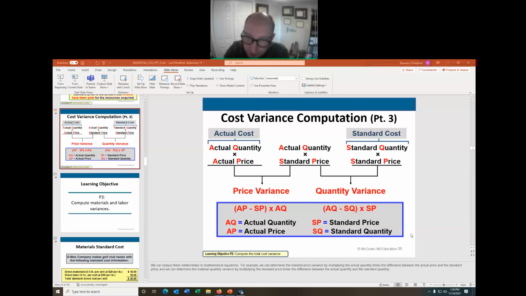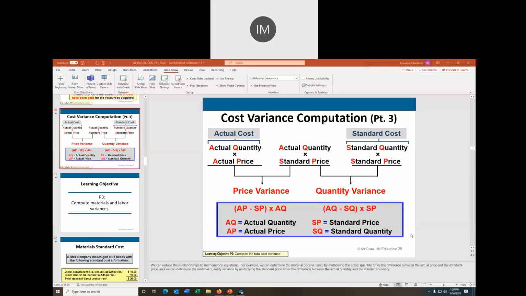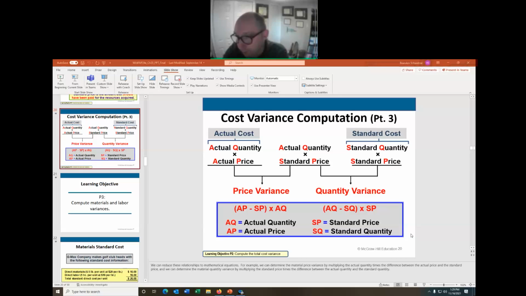That ultimately gets you your variance in price and variance in quantity. Once you apply that to materials, labor, and to some degree factory overhead, you'll have it down packed. It's just a matter of remembering the steps, as you said. I think that's probably the most complex part. Great point.